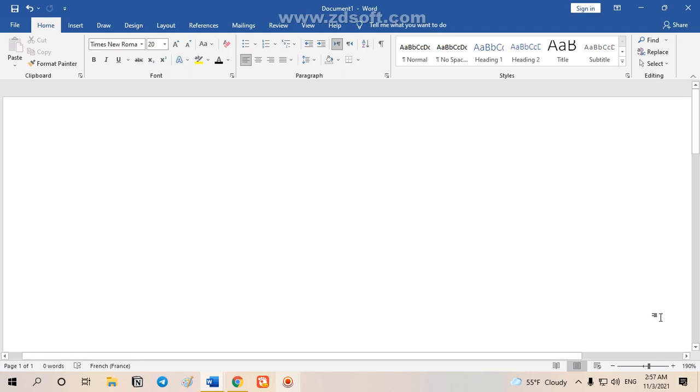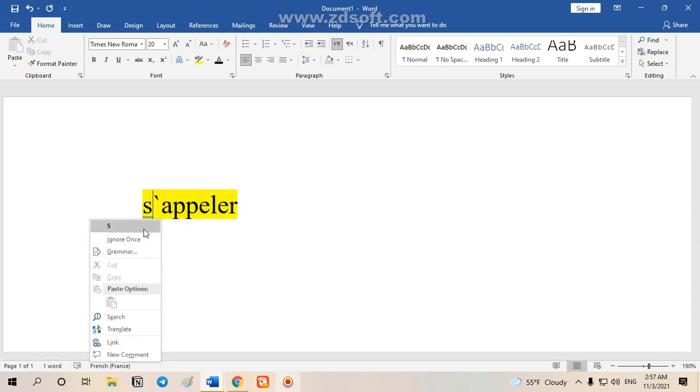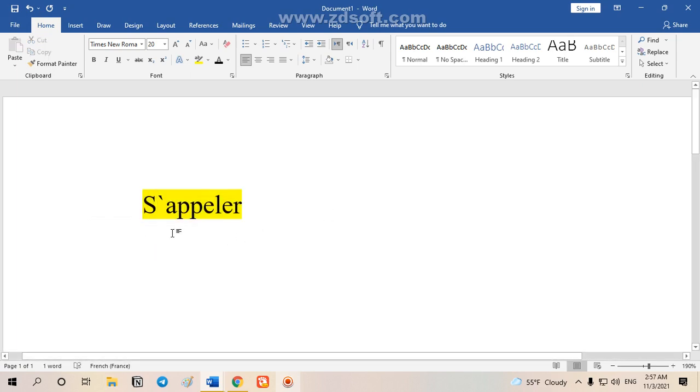As you already know, every single verb in the French language has an infinitive and a conjugation, as I told you before. So this verb is pronounced s'appeler. S'appeler, this is the infinitive of the verb. And what about the conjugation?